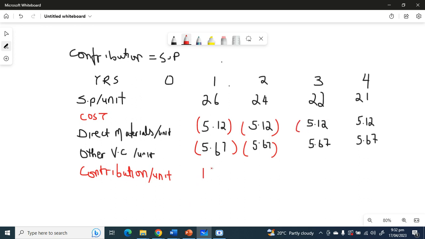15.21 for year one. Year two, 24 minus 5.2 plus 5.67.